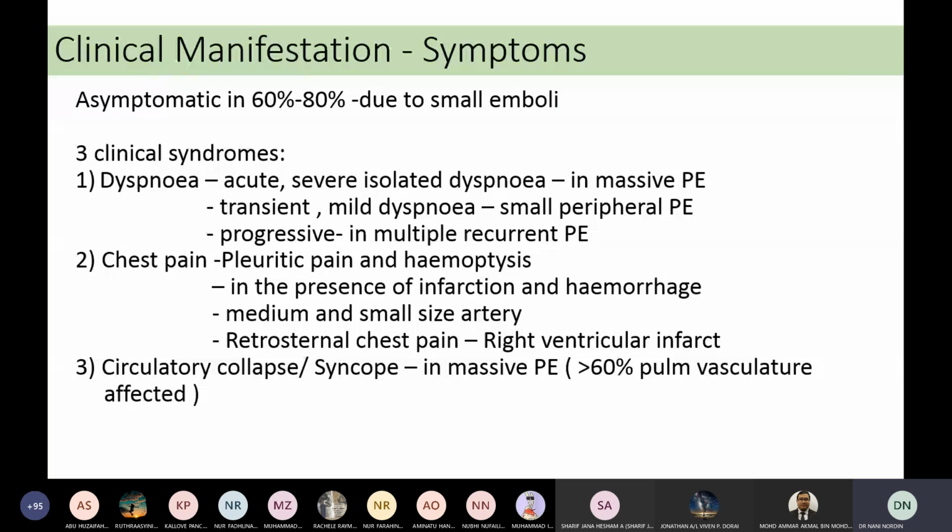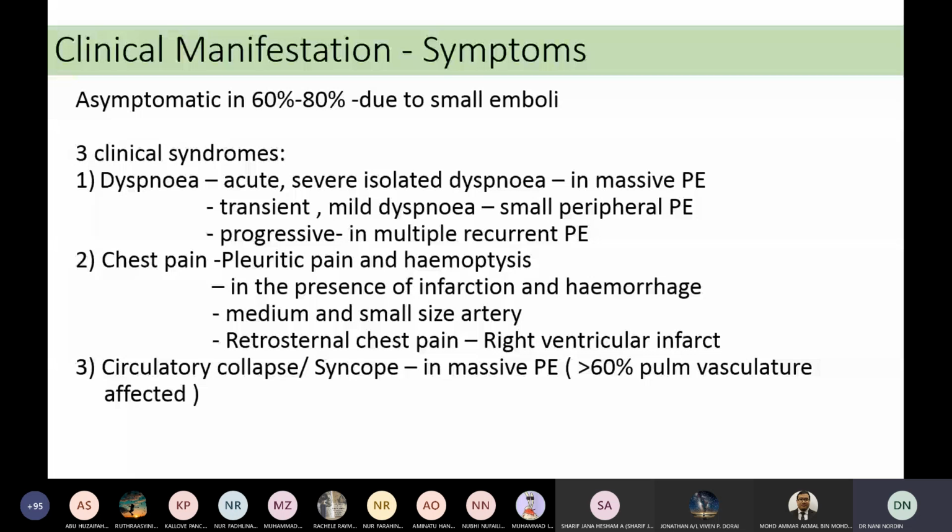Those still there tend to lodge more in the periphery, so you won't have hemodynamic consequences. Usually you won't have any signs and symptoms, so there is no problem with it.